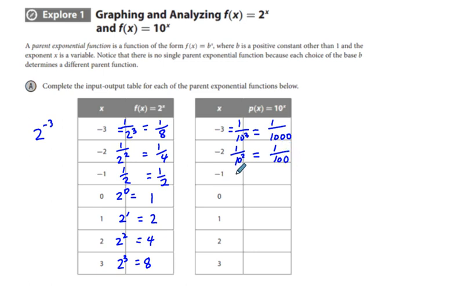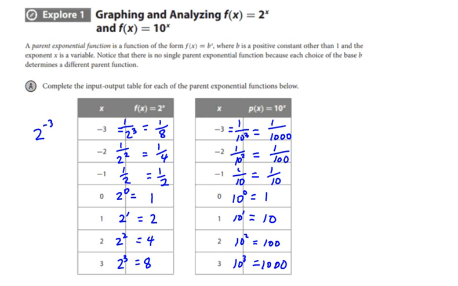For negative 1 for an input, we have 1 over 10 to the 1 power, which is going to be 1/10th. And again, 10 to the 0 power is equal to 1, and 10 to the first power is equal to 10. 10 squared is equal to 100, and 10 to the third power equals 1000.